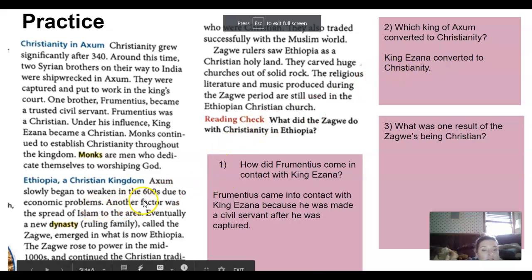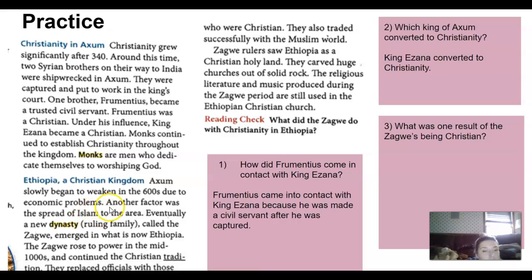Axum slowly began to weaken in the 600s due to economic problems, money problems. Another factor was the spread of Islam to the area. Eventually, a new dynasty called the Zagwe emerged in what is now Ethiopia. The Zagwe rose to power in the mid-1000s and continued the Christian tradition. They replaced officials with those who were Christian.